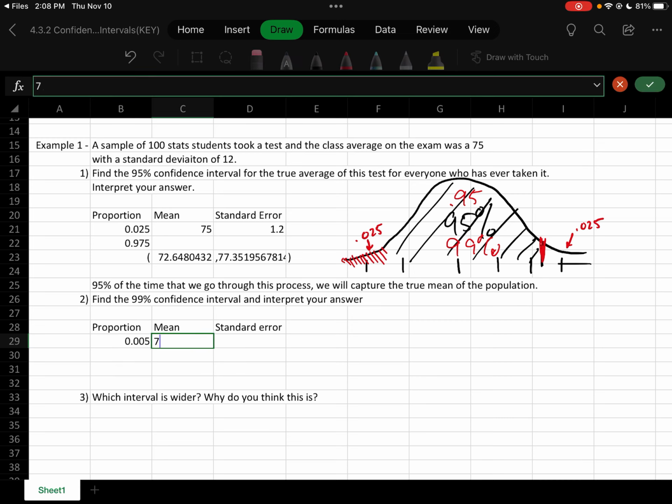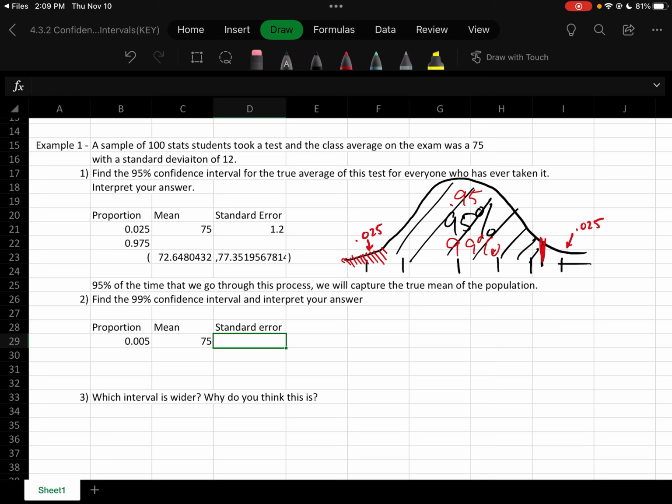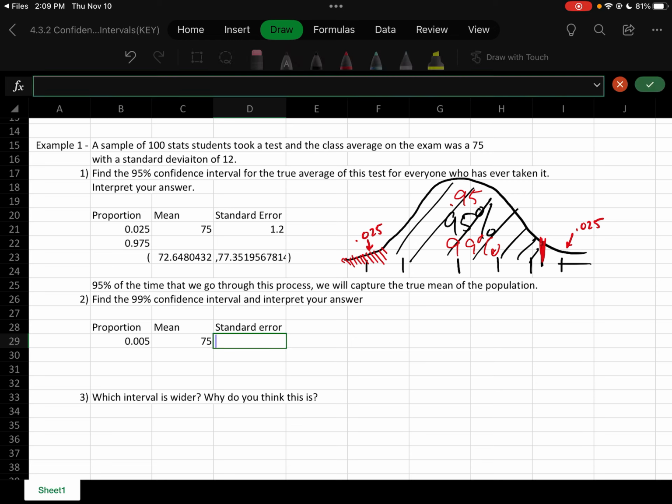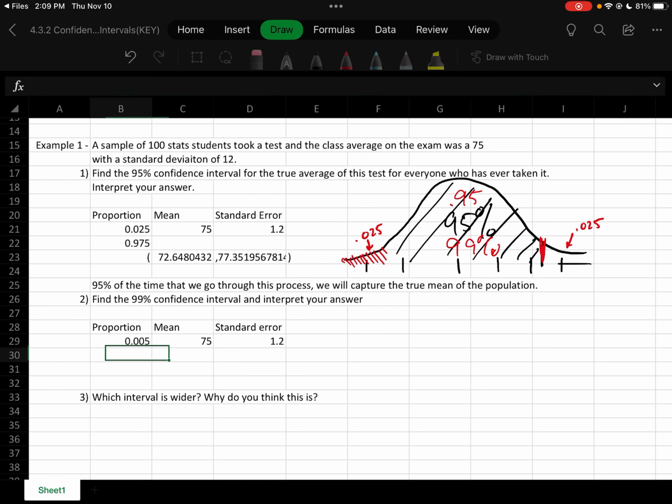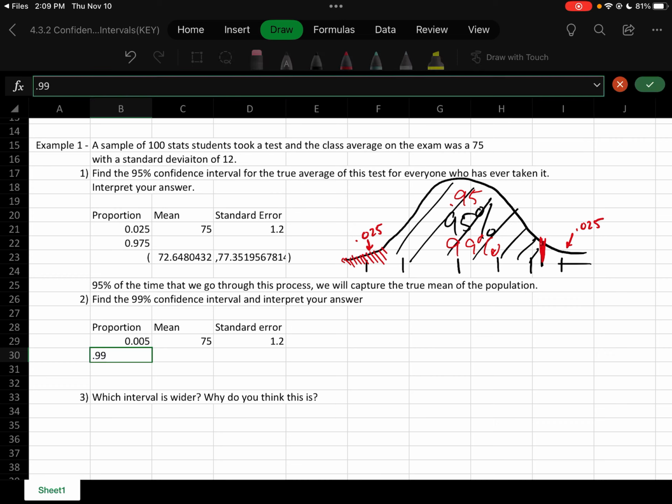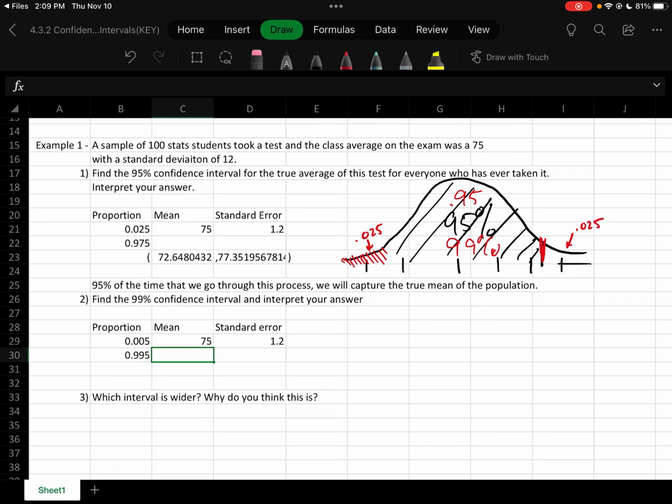The mean is still 75, and the standard error should still be 12 divided by the square root of 100, which is 1.2. The upper bound would be the 99% plus the 0.005, the 0.5% that was below, which gives us 0.995 for the upper end.